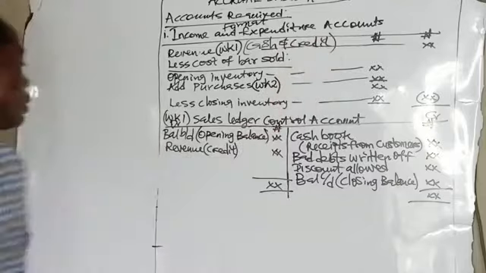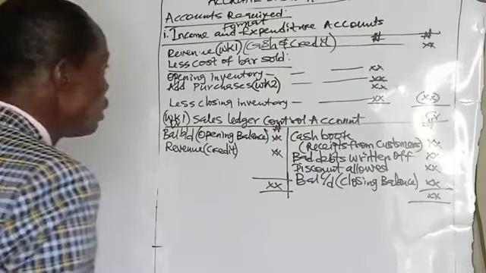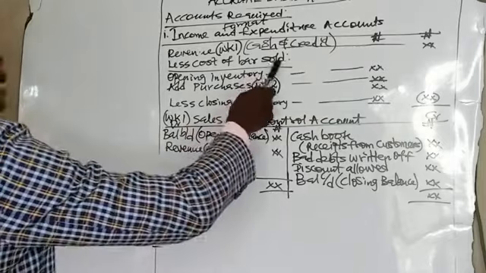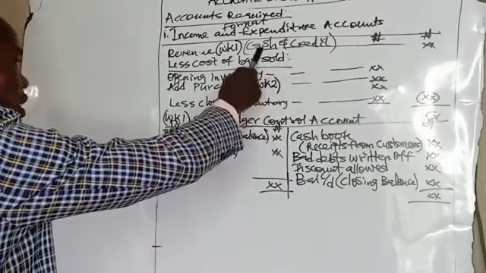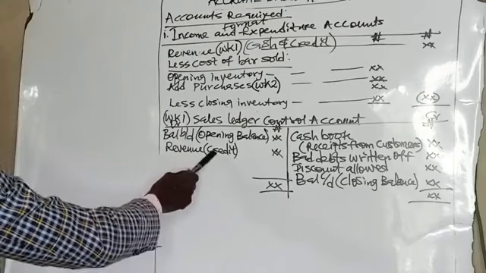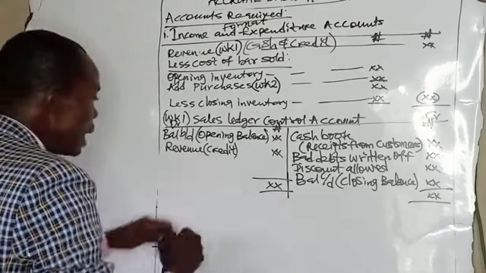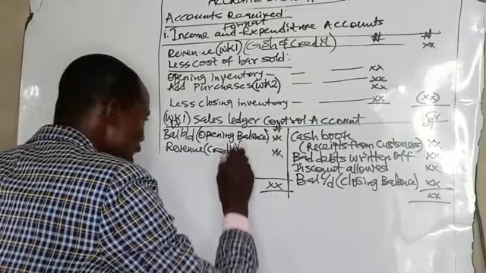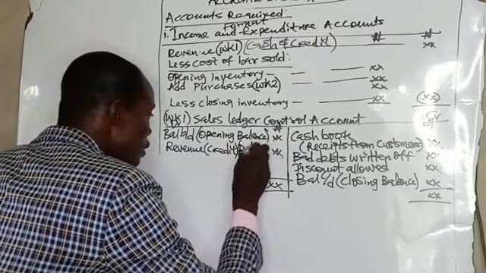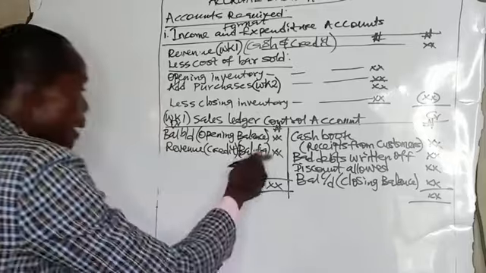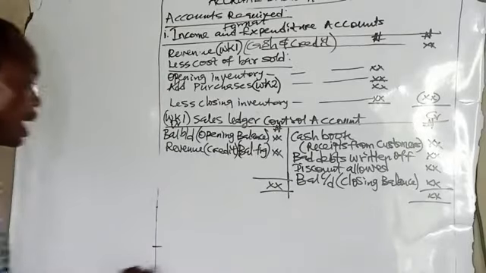The cash revenue, where it is given, will be found at the debit side of the receipts and payment account. While the credit revenue is the one obtained from the receivable ledger control account, that is balancing figure. So it is the balancing figure that will give you the credit revenue.